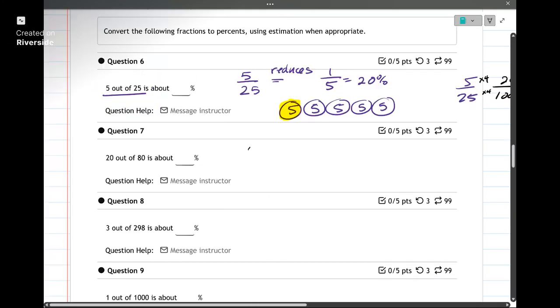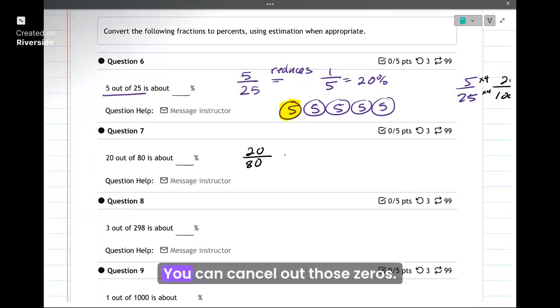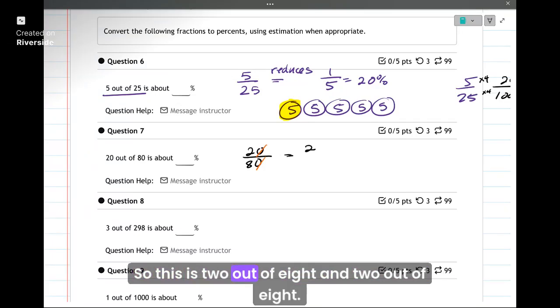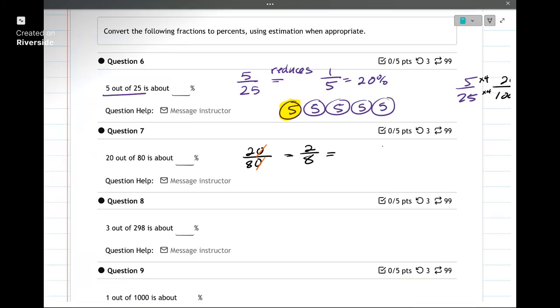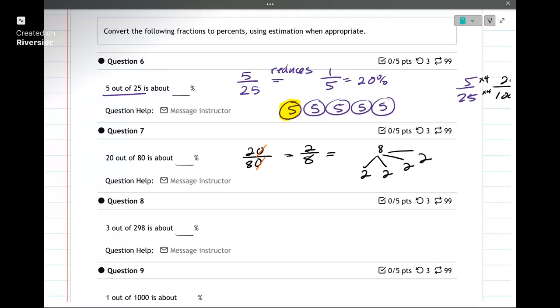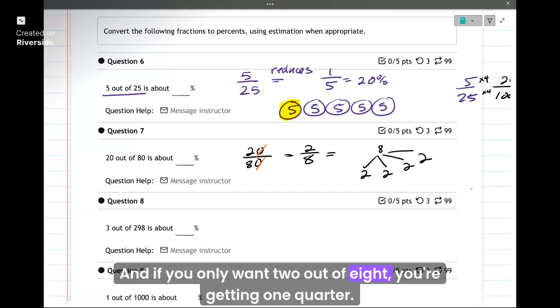All right. 20 out of 80. You can cancel out those zeros. We've done that a couple of times previously. So this is 2 out of 8. Here's your 8. 2, 4, 6, 8. And if you only want 2 out of 8, you're getting 1/4.